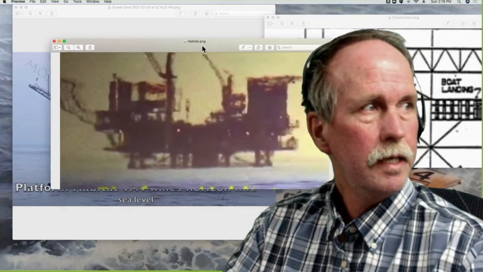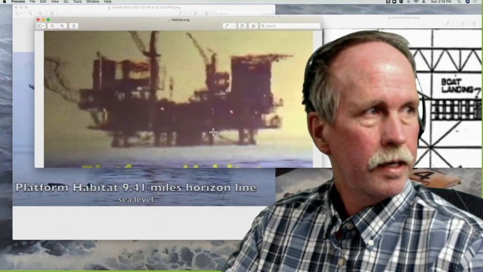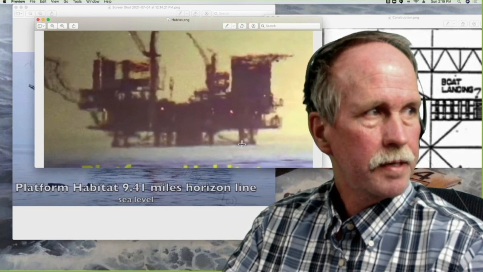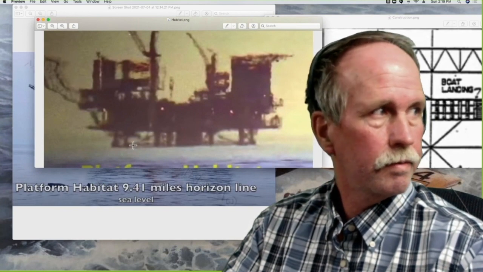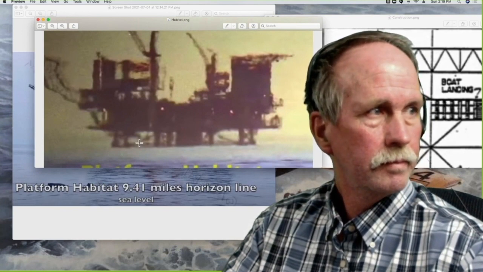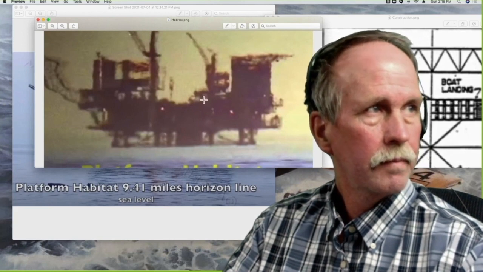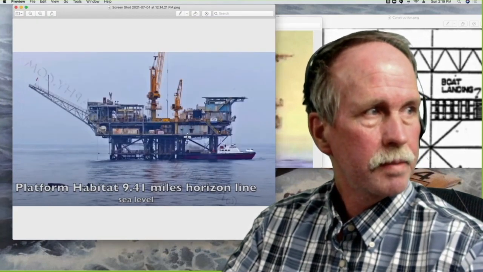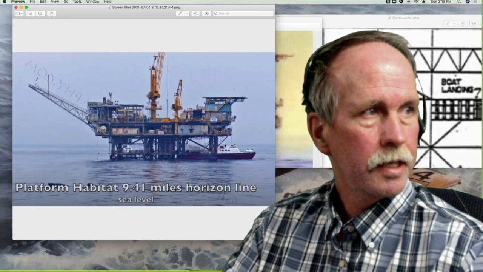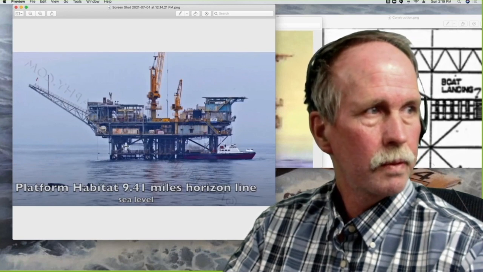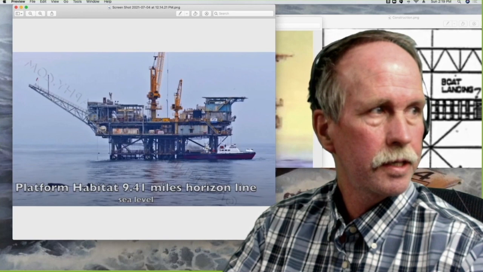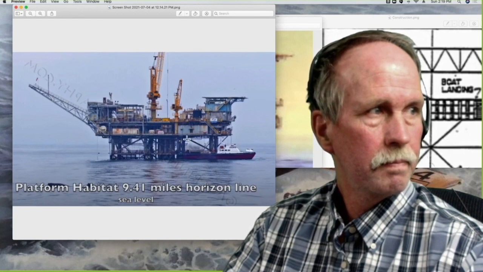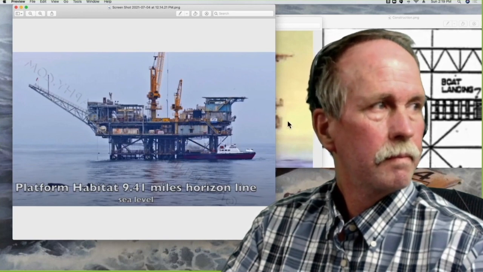Yep. Now, right here, I see the cross beams, and I see another one over here. So we both agree that we can clearly see those. Yeah, you can see those cross beams.